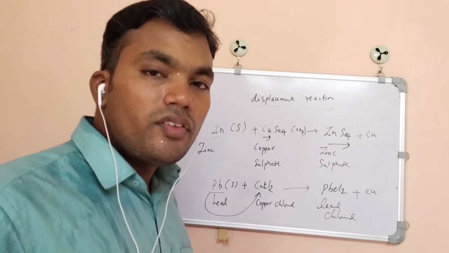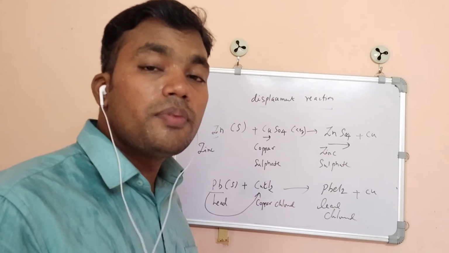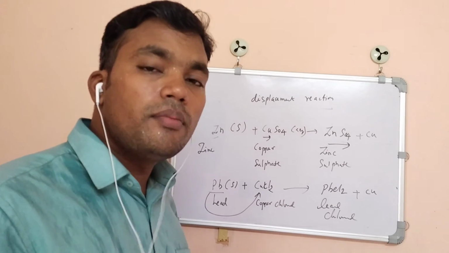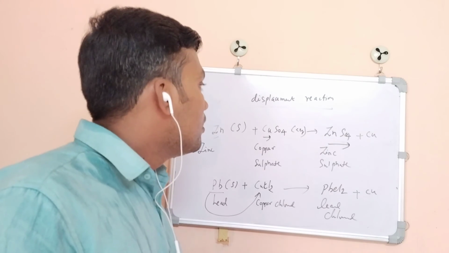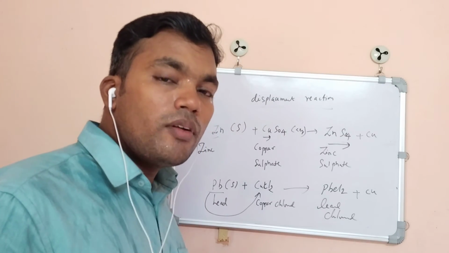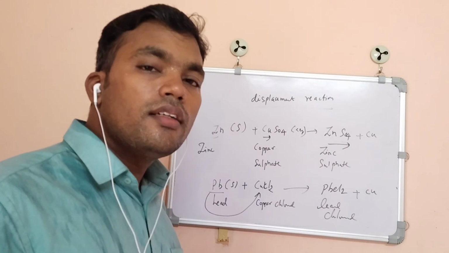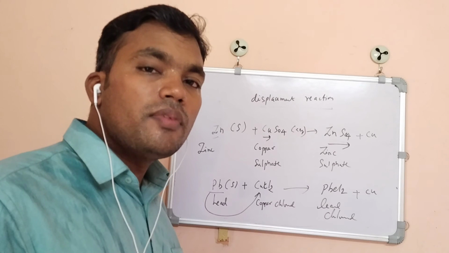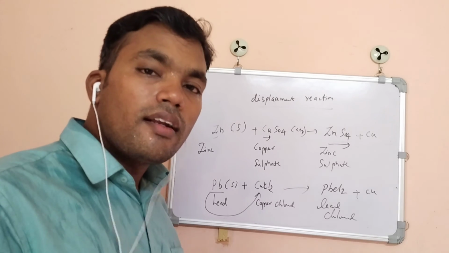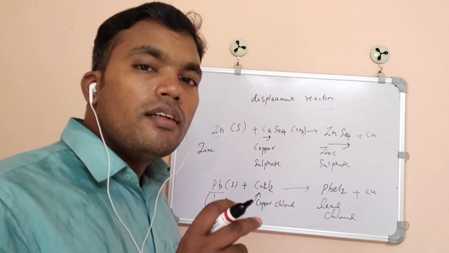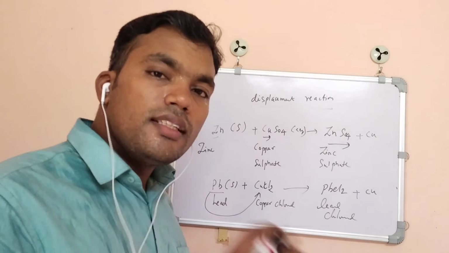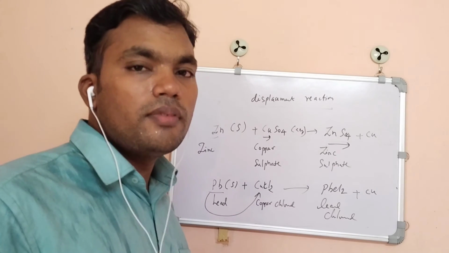In double displacement reaction, if there is an exchange of ions between the reactants, it can be called a double displacement reaction. If the question is asked in your exam paper, what is the difference between displacement and double displacement reactions, and write examples, what will you write in your exam? Write the definition for the displacement reaction and double displacement reaction.